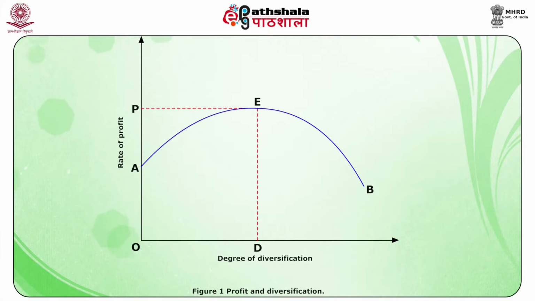With increasing diversification, the profit declines. Thus, it shows that extending diversification too far leads to increasing costs and dwindling profit. This is mainly because as the firms become more diversified, they become more complex and the managerial and administrative cost increases, leading to information distortion and loss of control.